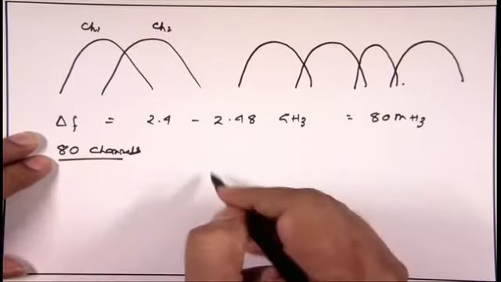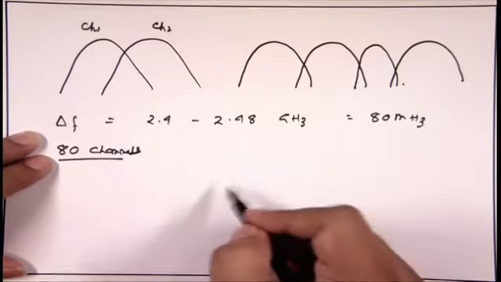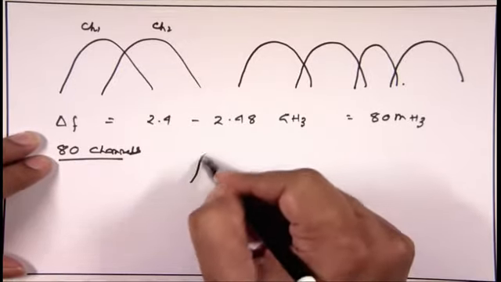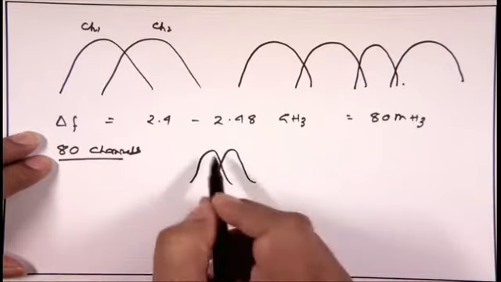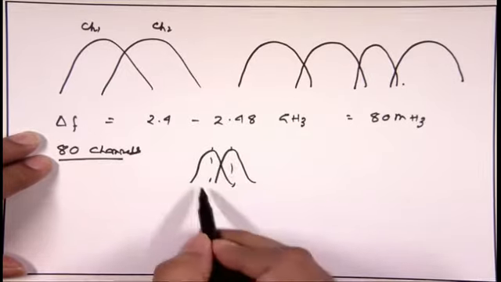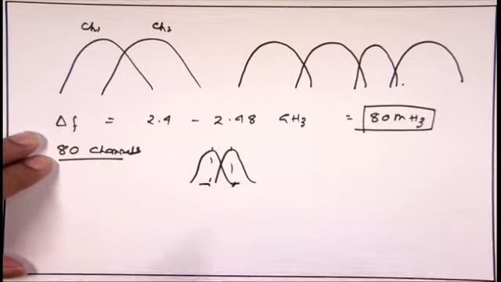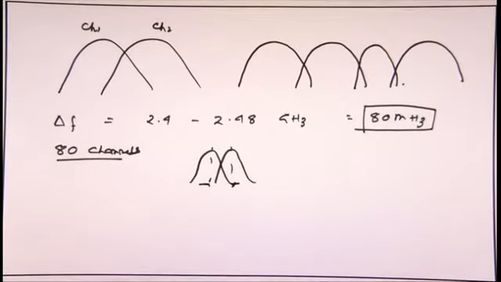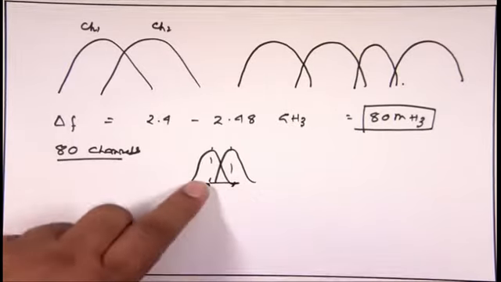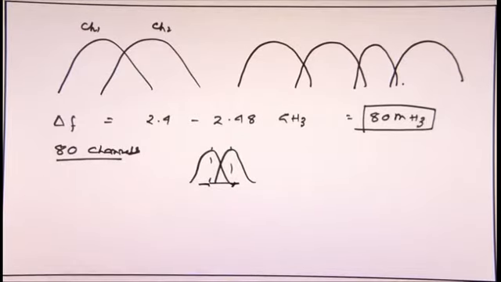So I will have only 1 megahertz spacing between 2 adjacent channels maximum, because 80 channels have to be accommodated in 80 megahertz. Yes or no? Now you need a frequency tolerance. When the spacing is 1 megahertz, what should be your tolerance limit? Obviously in the kilohertz. Yes or no? So you need to resolve these 2 signals in the kilohertz range when the spacing is 1 megahertz.